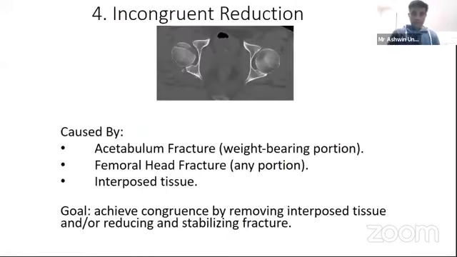Now, if you have a femoral head fracture, that is, if you have an incongruent reduction, that is either there's an acetabular fracture at the weight-bearing portion, or you have a femoral head fracture, the goal here is to achieve congruency. That is the most important thing you have to think about when you have an incongruent reduction.